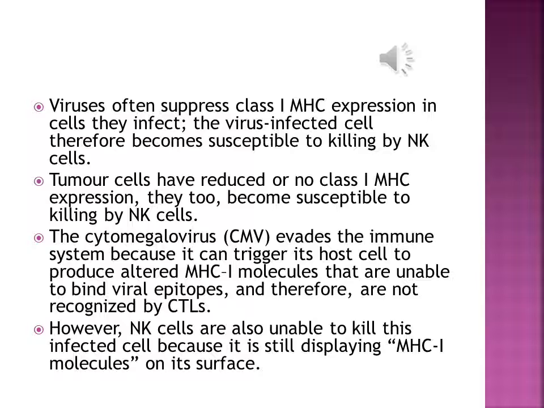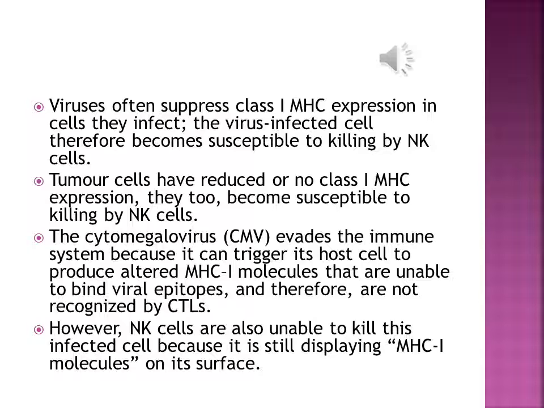The virus-infected cell therefore becomes susceptible to killing by natural killer cells. Tumor cells have reduced or no class I MHC expression. They too become susceptible to killing by natural killer cells.